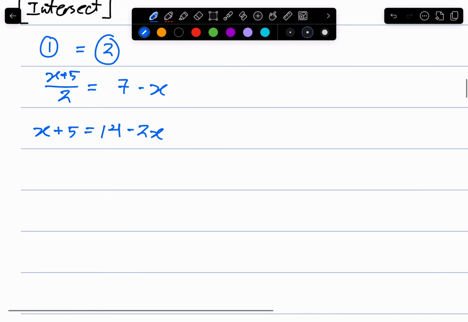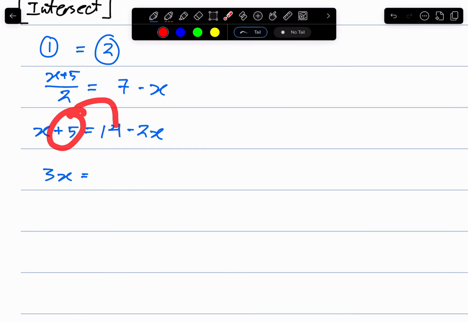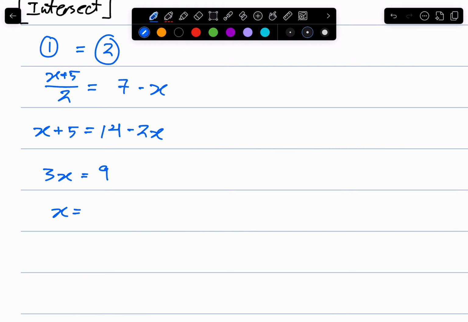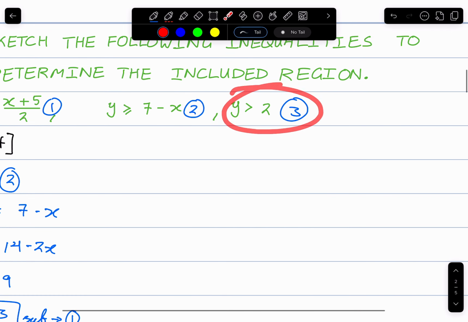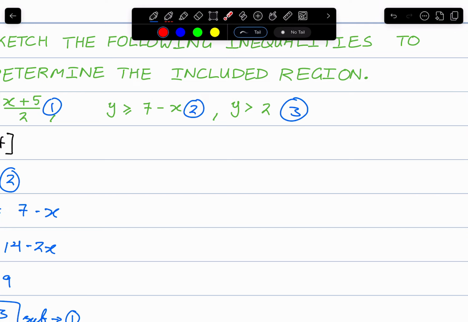Moving the x's across, I get 3x on this side. Moving the 5 across, 14 take away 5 is 9. We get x equals 3. For this one, I must substitute it into 1 or 2 because this set of work has nothing to do with number 3.